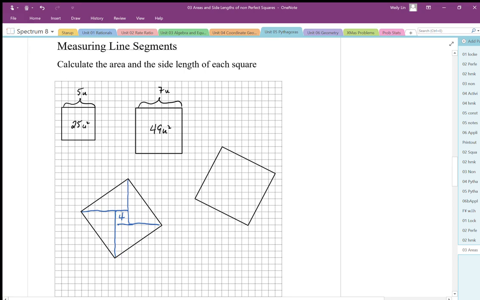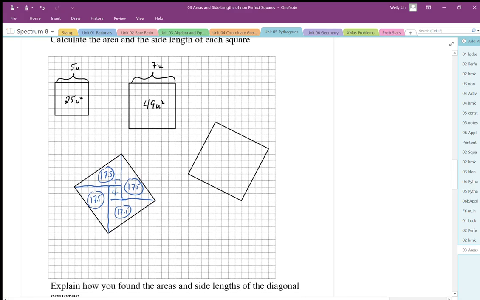So if I have a right triangle, length times width, as long as it's 90 degrees here, length times width divided by 2 will work. So 7 times 5 divided by 2 is 17.5 of area here. And the nice thing about this shape is that it's all symmetrical, so we know that those are all 17.5.